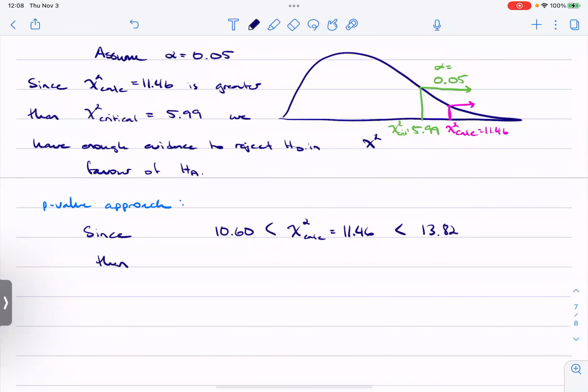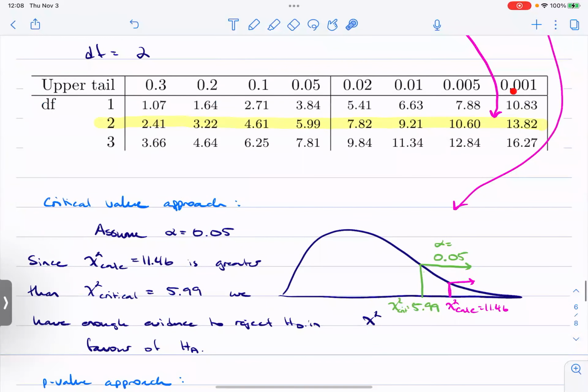Then the p-value, and I don't like inequalities, so I just make them match, which means that I need to write the smaller one first and then the larger one. So is between 0.001 and 0.005.